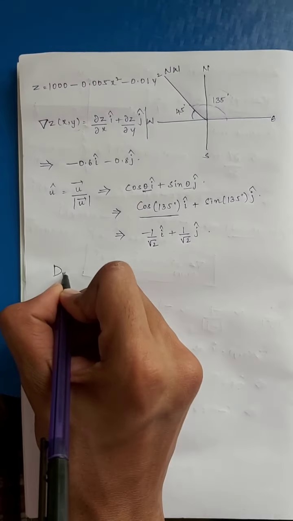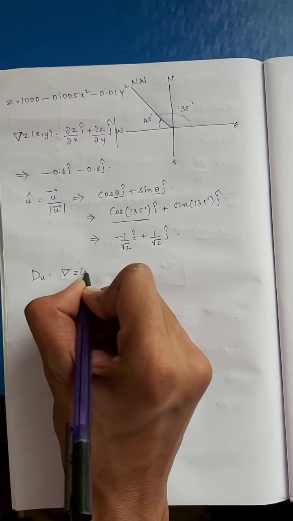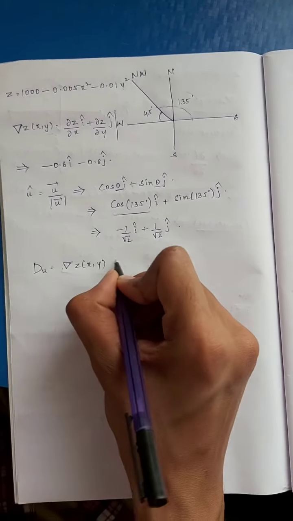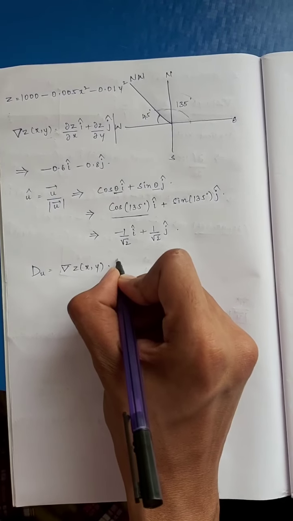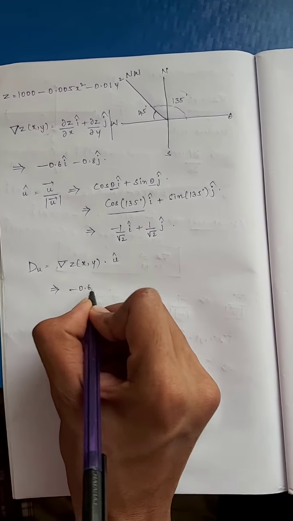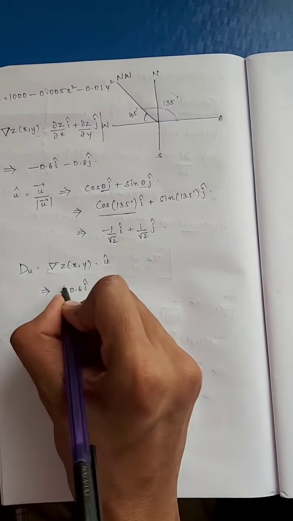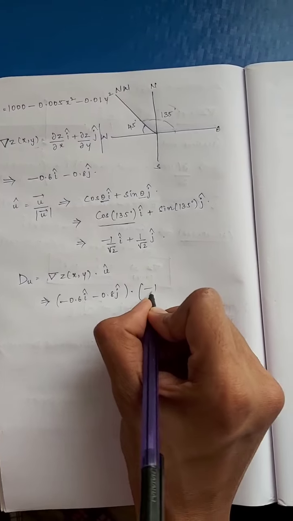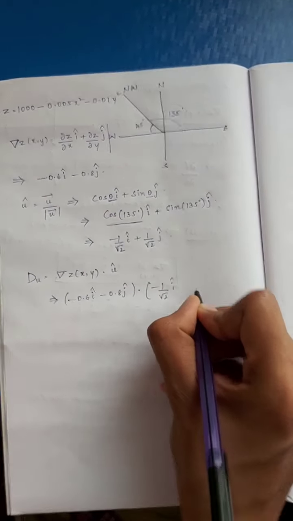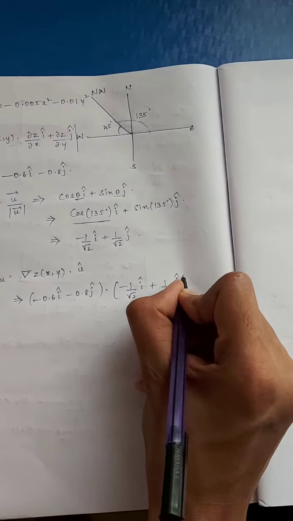So the directional derivative would be the dot product between the gradient vector and the unit vector. So it would be minus 0.6 i cap minus 0.8 j cap dot minus 1 by root 2 i cap plus 1 by root 2 j cap.